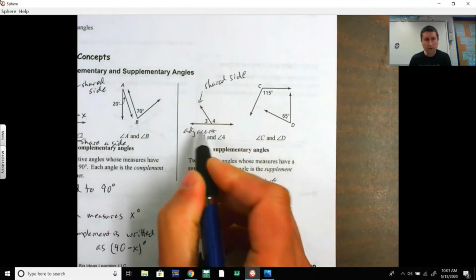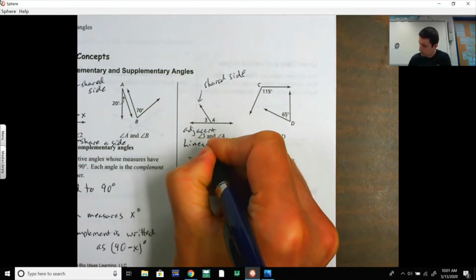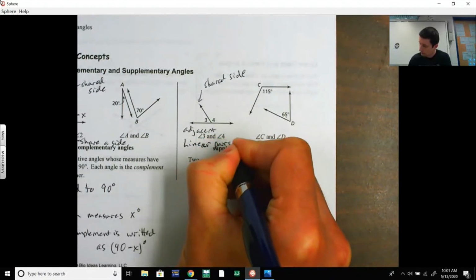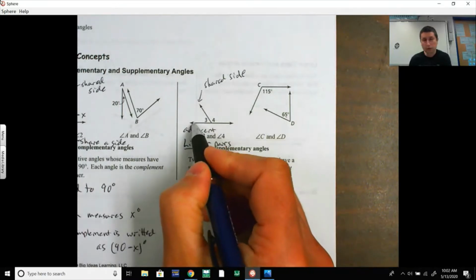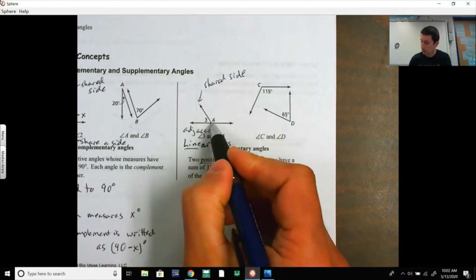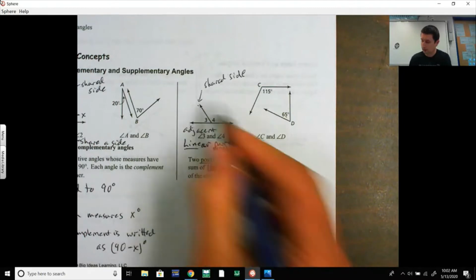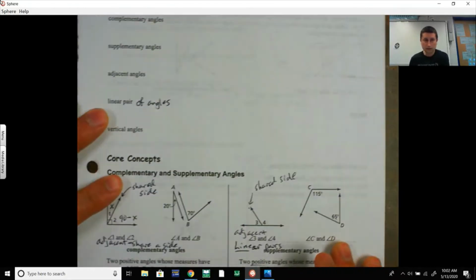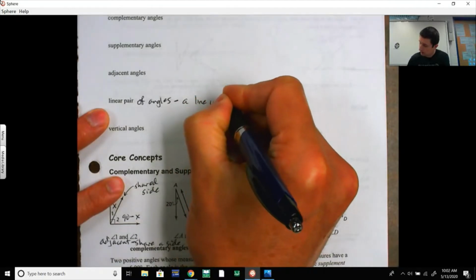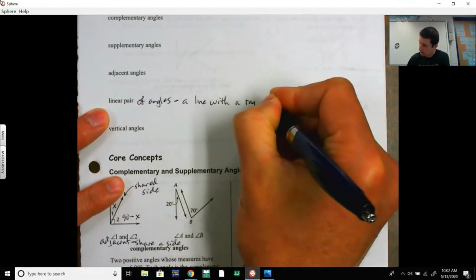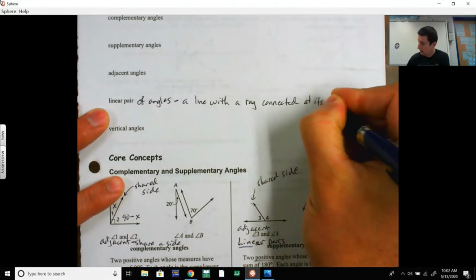And this one actually has a special name. These are called linear pairs. 3 and 4 would be a linear pair. Now remember, linear makes a line. So a linear pair is when you have a line and one ray coming off of it. That makes a linear pair. A line with a ray connected at its endpoint.